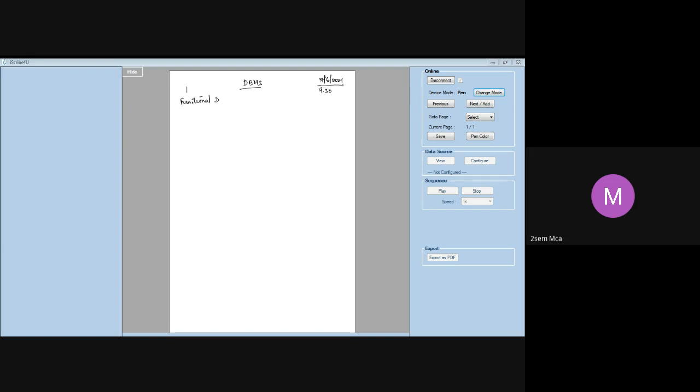Okay, we'll be learning about normalization. So in order to learn about normalization, first you have to know about functional dependency. Unless you know about functional dependency, you will not be able to follow what is normalization. In the syllabus, they have given normal forms based on primary key, and that's all they have mentioned.